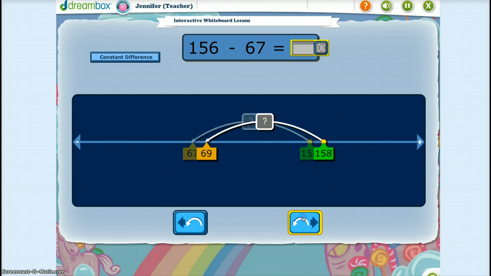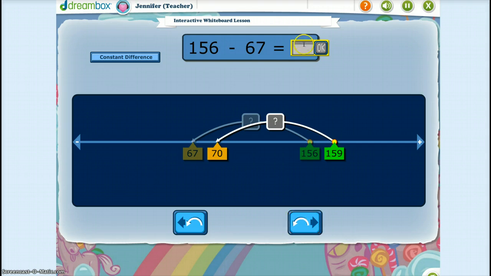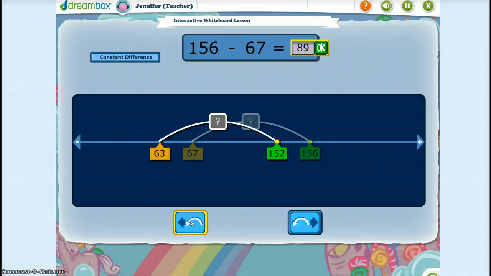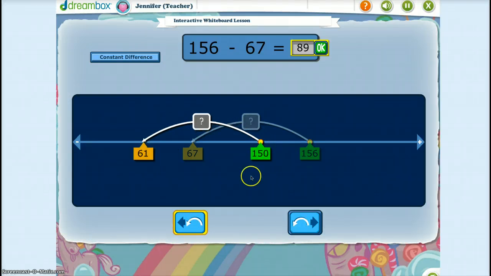I could move to 70, and now I know that the distance between 70 and 159 is 89. Now, had I moved the other direction, students may start to make the number 150.